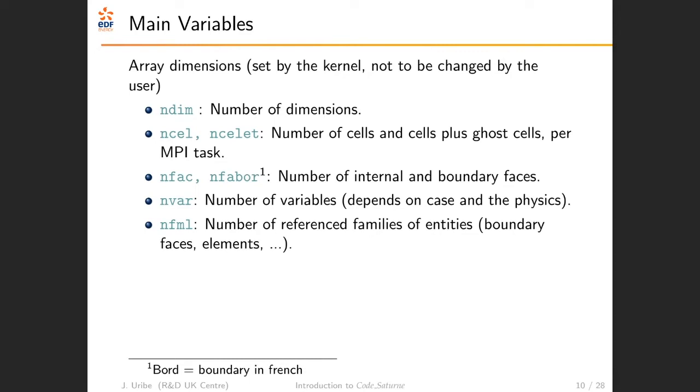NFML is the number of families, which is basically the type of boundaries. So when you think about a boundary face in the code, it means each one of the faces that make up a region, that region being the inlet or the outlet. So each region has a subdivision of number of faces, and the number of families is the number of types of zones.